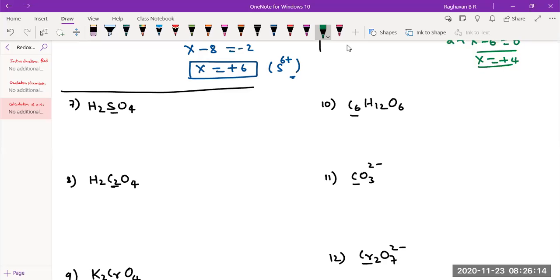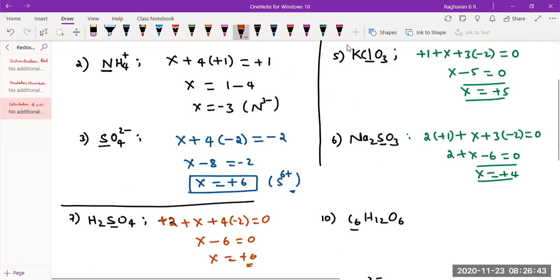H2SO4, for sulfur? Plus 6. Yes, sir. Directly I'll write hydrogen plus 2, plus sulfur is x, plus 4 into minus 2. It's a molecule, so 0. x minus 6 is equal to 0, x is equal to plus 6. Now, look at this.